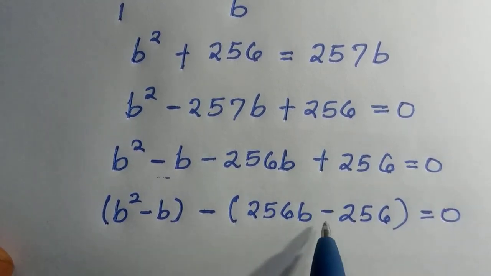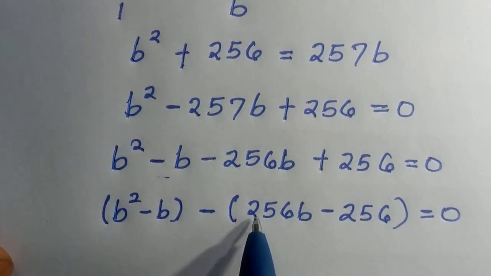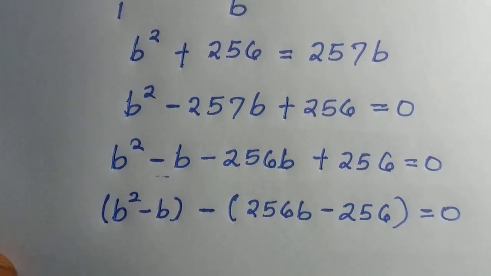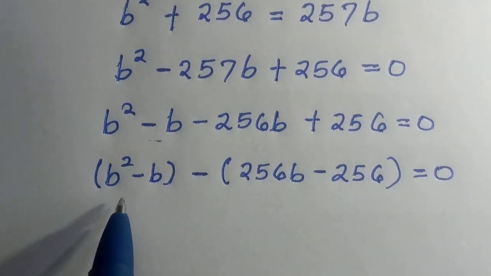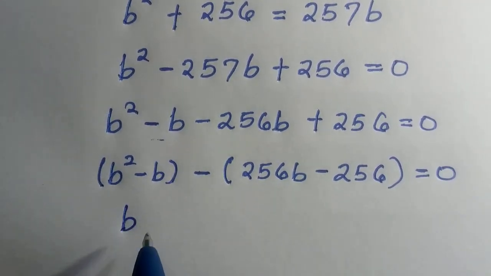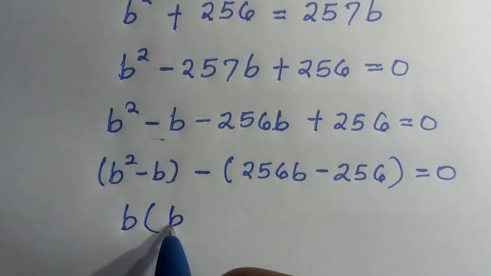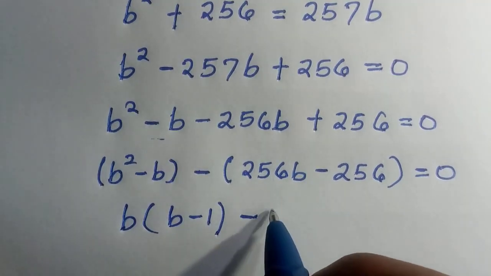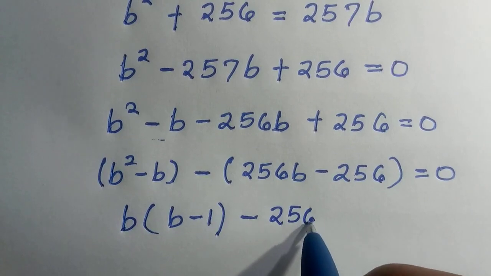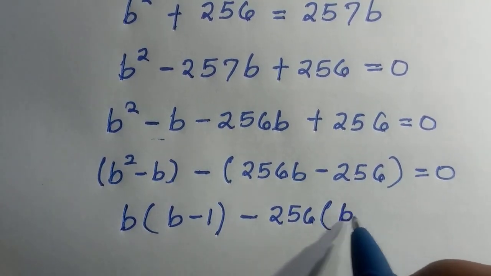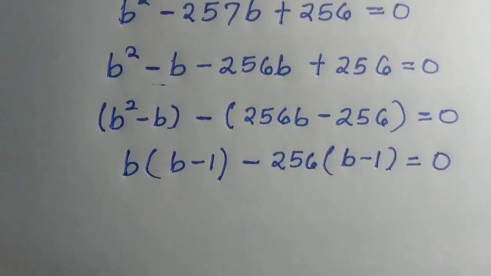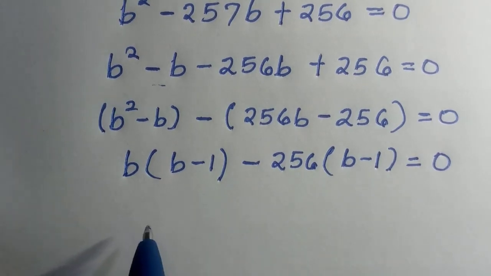So we change the positive to negative because of this parenthesis. When we multiply this with all this, we are going to get minus 256b plus 256. What is common here is b. We factor it out and we are left with b minus 1, minus, what is common here also is 256, into bracket of b minus 1 equals 0. So we have b minus 1 that is common.